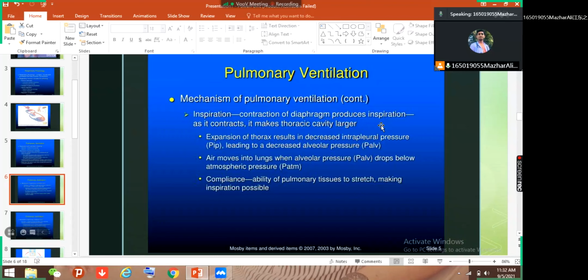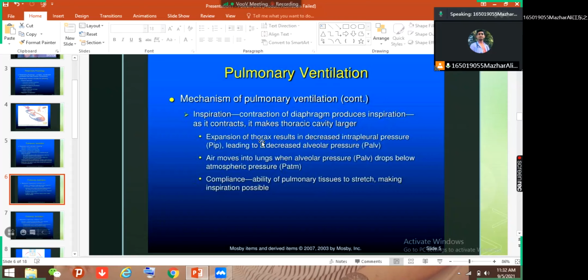So when the diaphragm contracts and becomes flat, the lungs expand, the thoracic cavity expands, the gap between visceral pleura and parietal pleura becomes less, the pressure between them becomes less, then inspiration happens. So this is the thing: stretching of the intercostal muscles and contraction of the diaphragm produce inspiration.